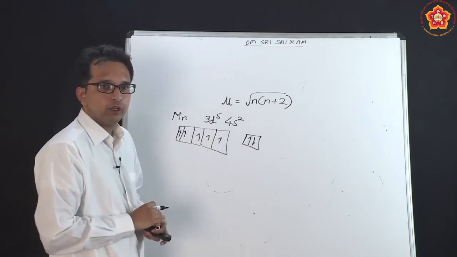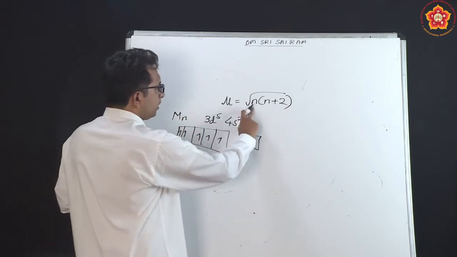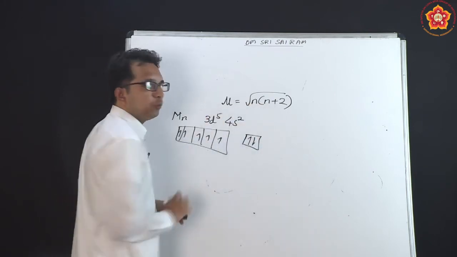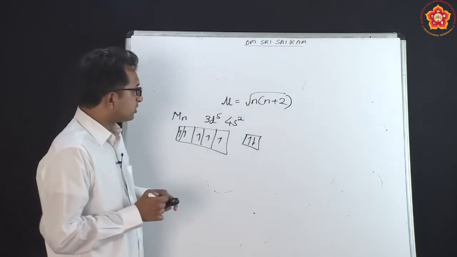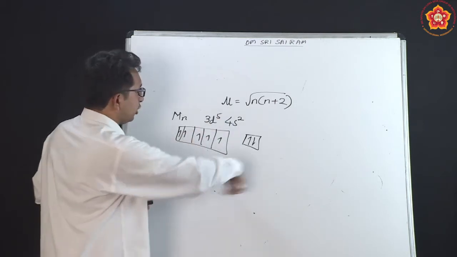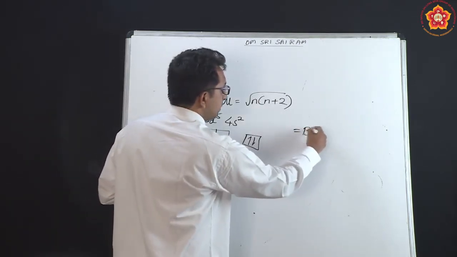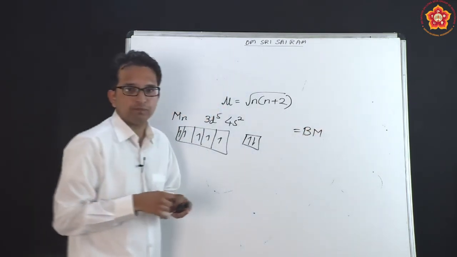So, if I have a manganese metal, the value of n is going to be equal to 5. This is how the value of n is recognized in these cases, and all these calculations are done. The final answer is given in Bohr magneton.